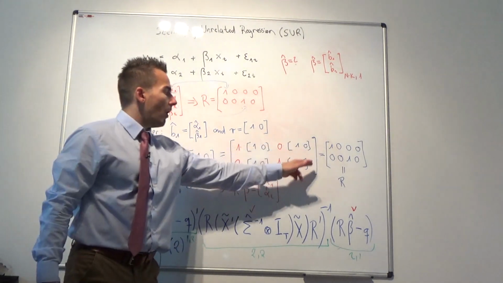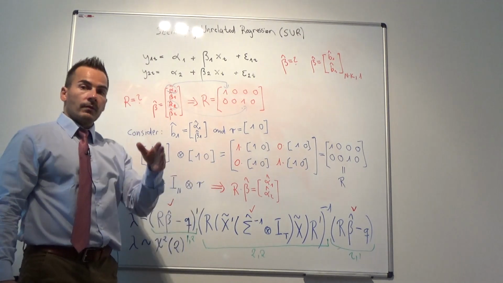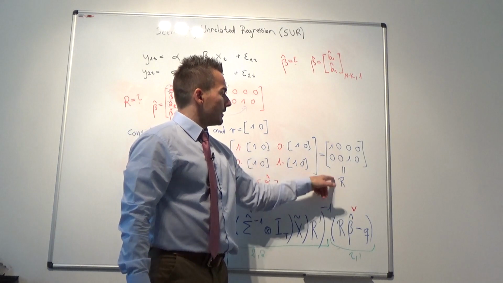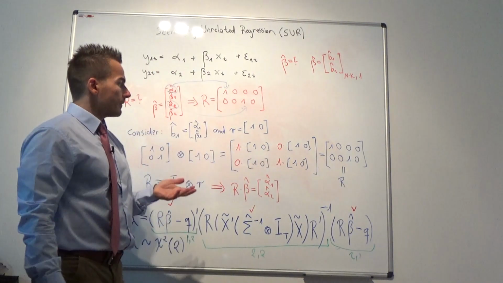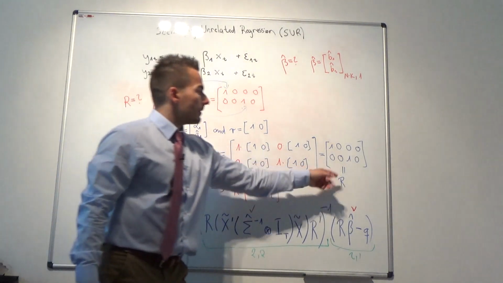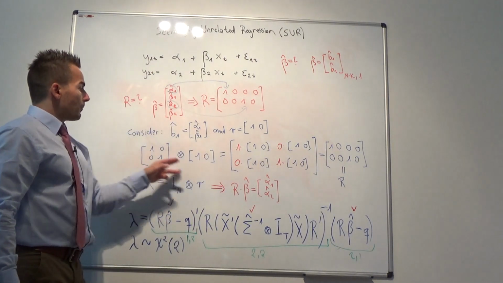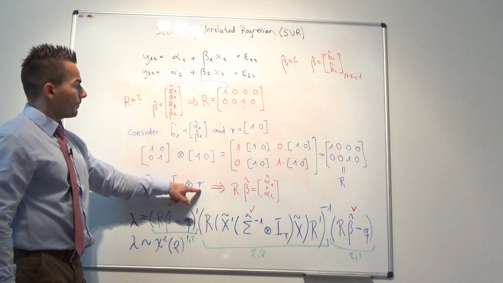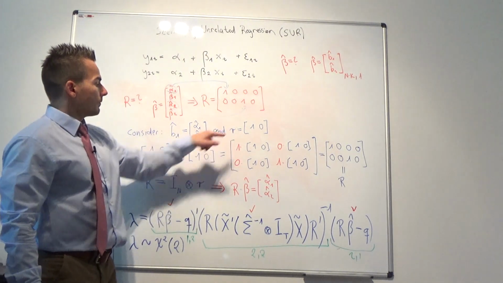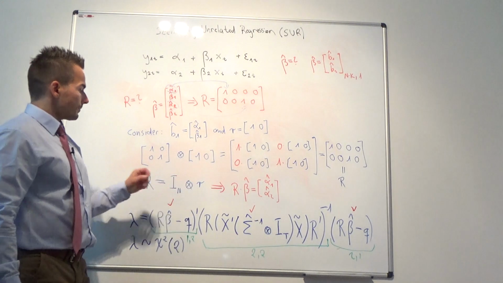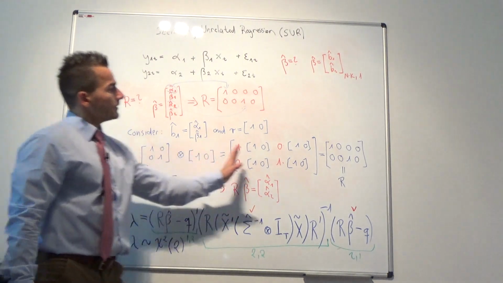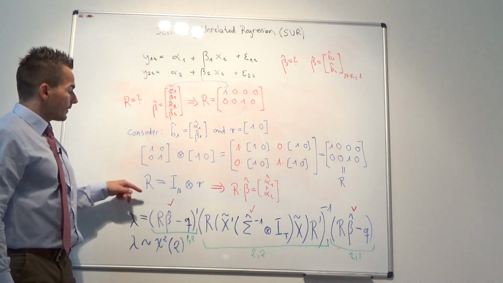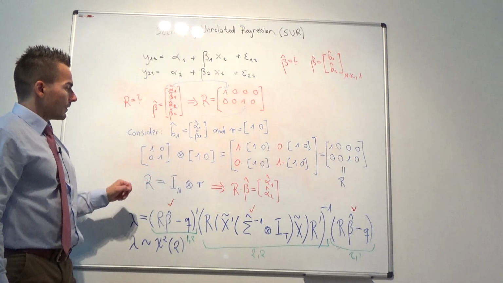If you multiply this out, and I recommend doing this at home with pen and paper, it is our matrix capital R. So we can just rewrite our matrix capital R simply as the product of the identity matrix times our defined vector small r. It's just a trick to rewrite our matrix capital R.